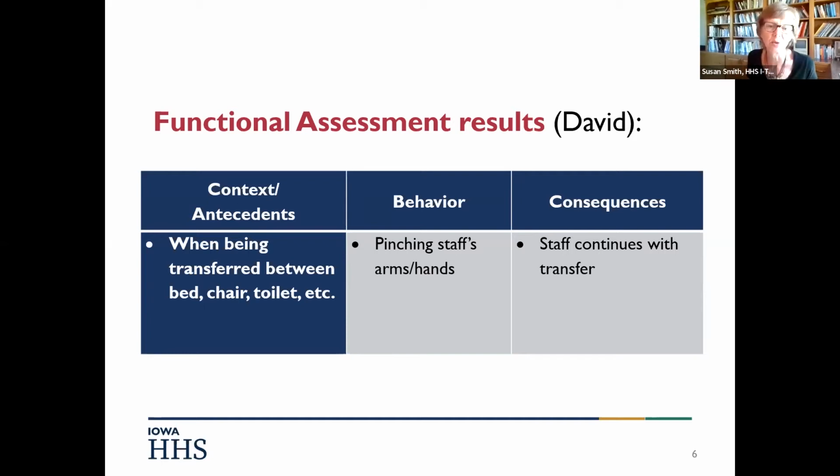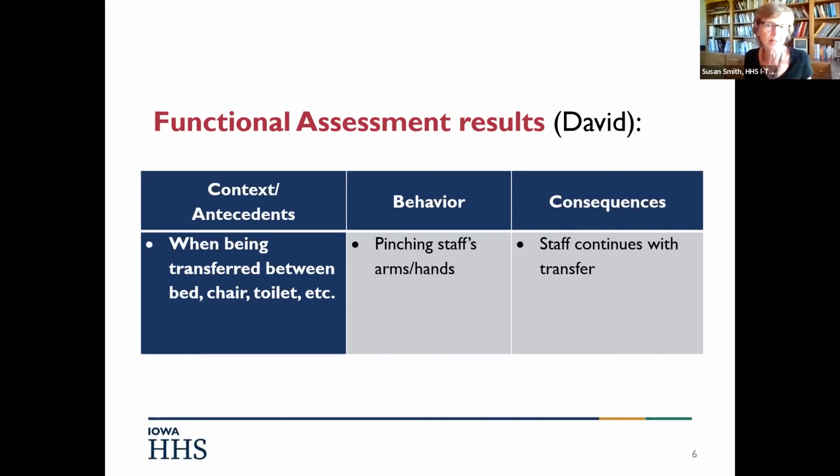This first one is someone called David, and I think this is actually a consultation I did in a skilled nursing facility. David was someone who was not mobile and required a lot of staff assistance to transfer. And so the behavior was that he was pinching staff's arms and forearms. The antecedent for that is anytime he is being transferred between his bed, the chair, the toilet, the wheelchair.